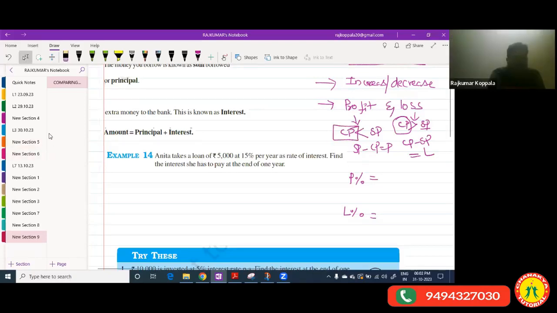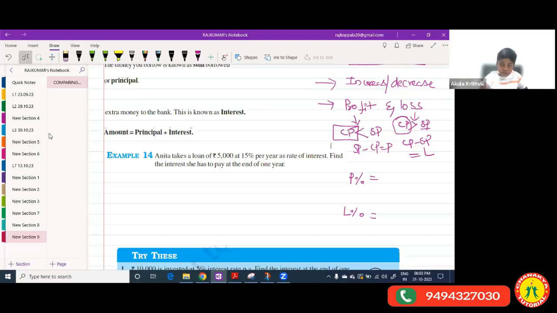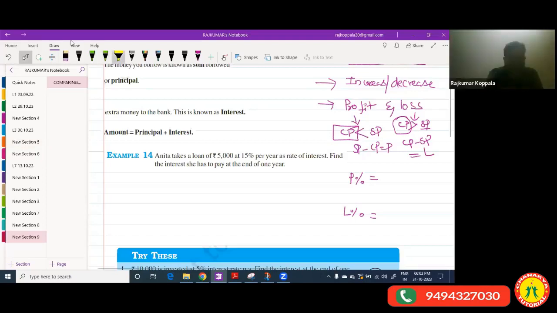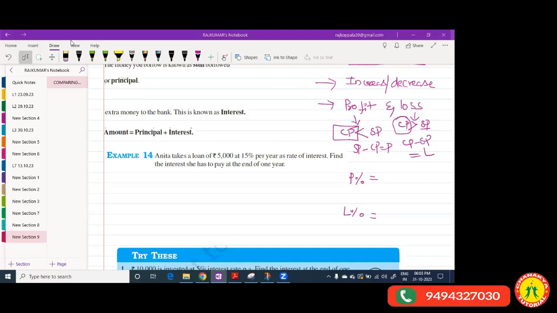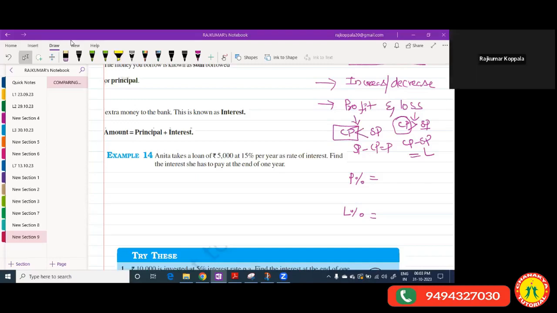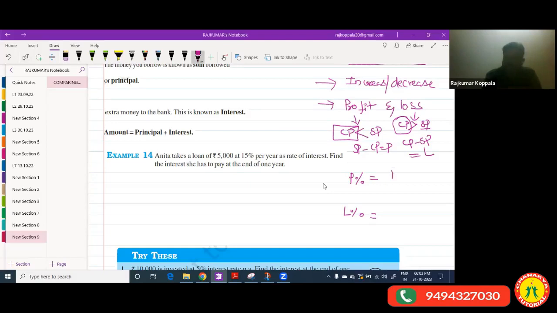If you give the response, then profit or loss will be calculated on cost price. The profit percentage formula is profit amount by cost price into 100. If you do this, we will get the profit percentage.